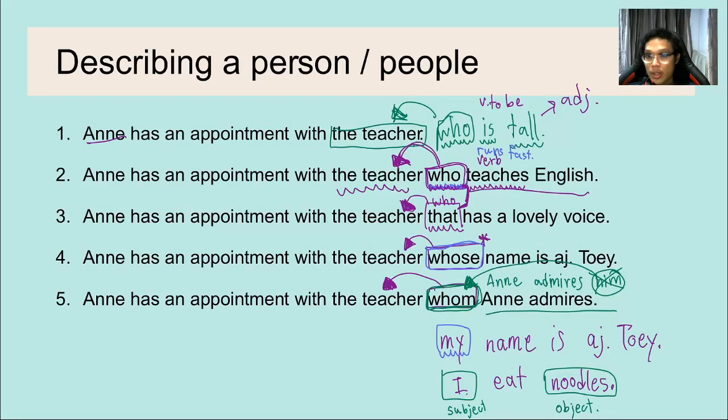If you do understand who and that, I think that's okay, that's perfect, because whose and whom require some extent of knowledge of using English to understand those things. It's very complex, very complicated, a difficult topic to learn, so I think if you just know who and that, that's fine.